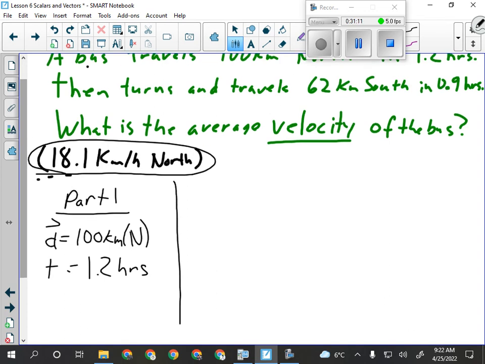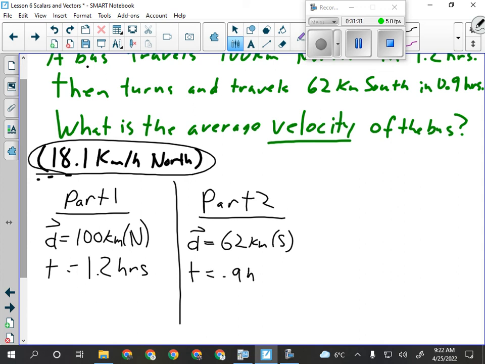So now we're dealing with part 2. They turn and travel 62 kilometers south, which is another displacement, in 0.9 hours. What is the average velocity of the bus?